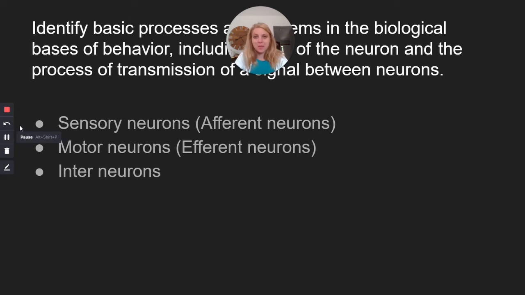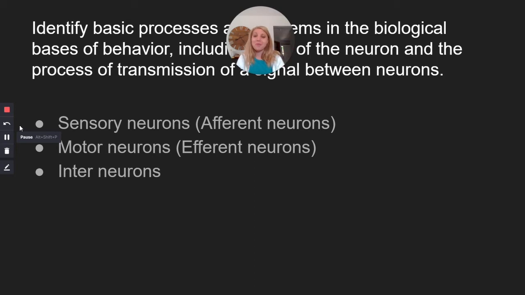So if we think about our nervous system as kind of this chain of communication, very likely on one end of that chain, you have a sensory neuron that is going to process outside information like my dog barking. It's going to process that information, and now I need to do something about it, like yell at him, Boomer!